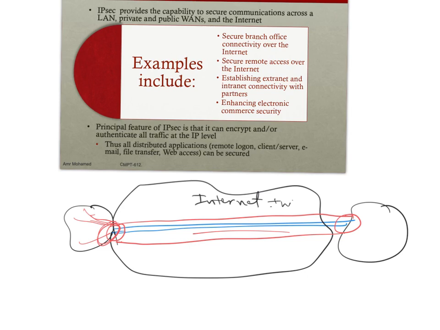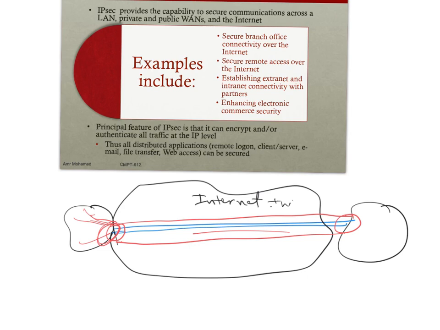Establishing extranets. So extranets, what is the definition of extranet? What is extranet? What's intranet type? This is intranet that we talked about. This scenario is the intranet, right? It's a virtual private network built over an insecure infrastructure like the internet.